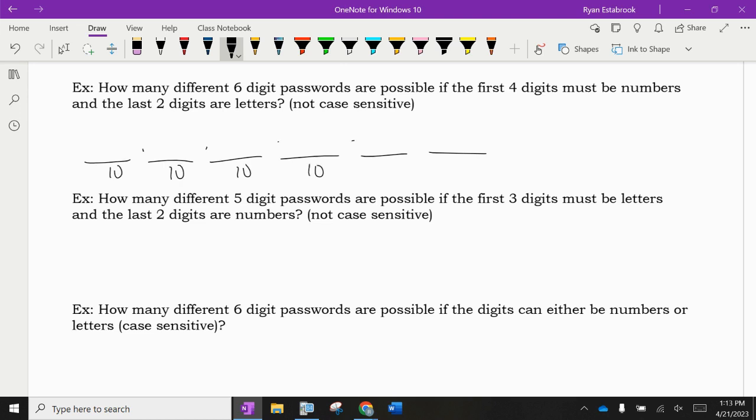Now we're into letters, so 26 times 26. Multiply all those up. Are we in the millions? 6 million?